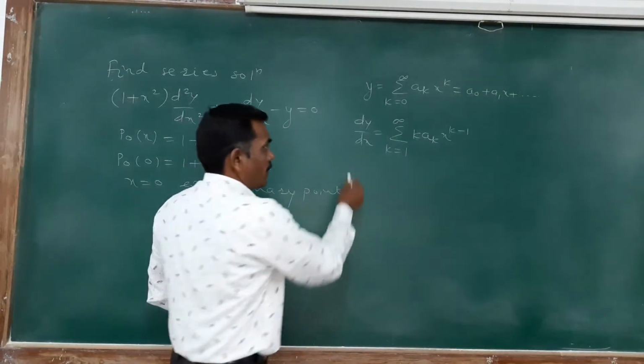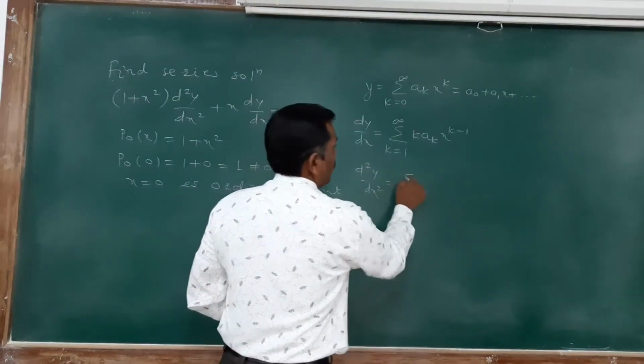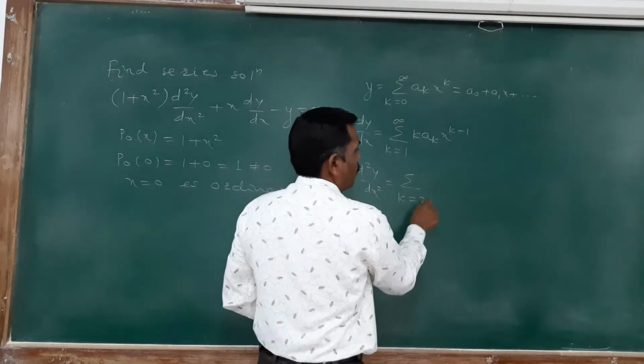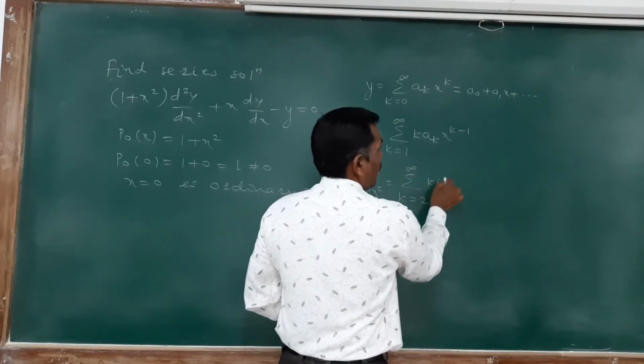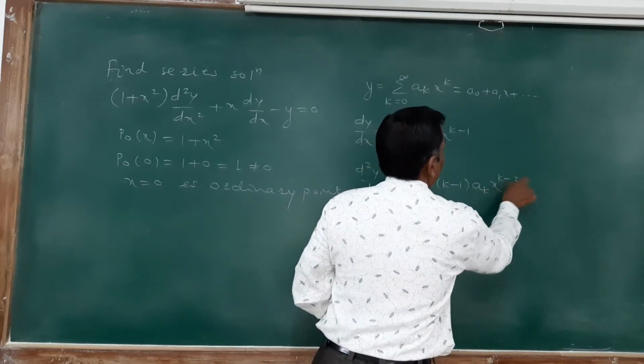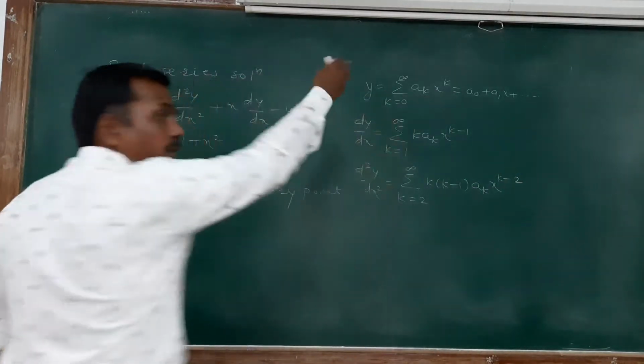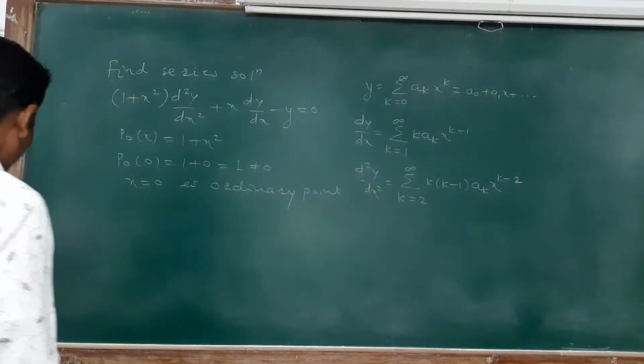Next one is d²y/dx². So it is summation k = 2 to infinity k(k−1) ak x^(k−2). Right? And now put all these values in our given differential equation.